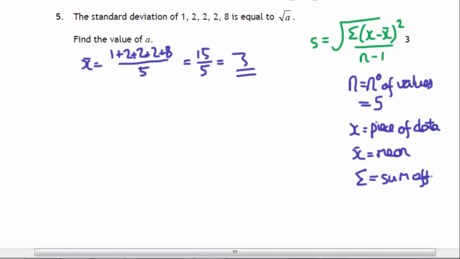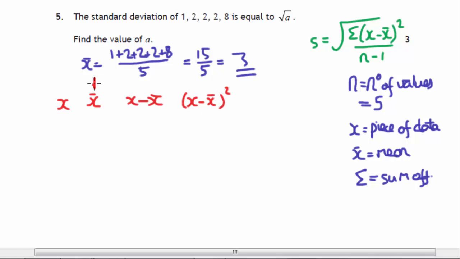But we're a long way off working that out just now. Easiest way of doing this is if we write a wee table, call that x, we have to take away the mean from x, so that's x minus the mean, and then we're going to square the answer to that.